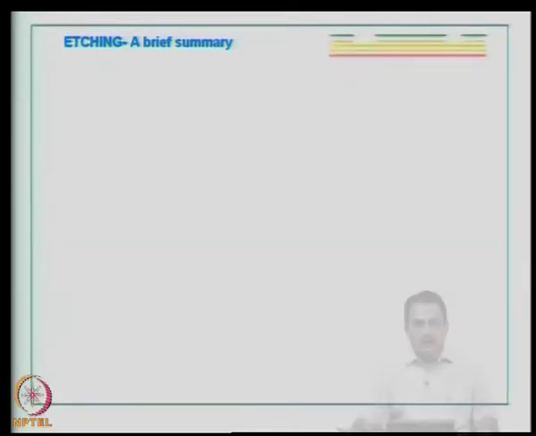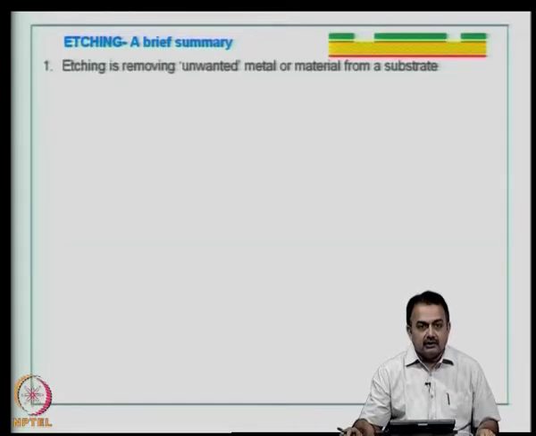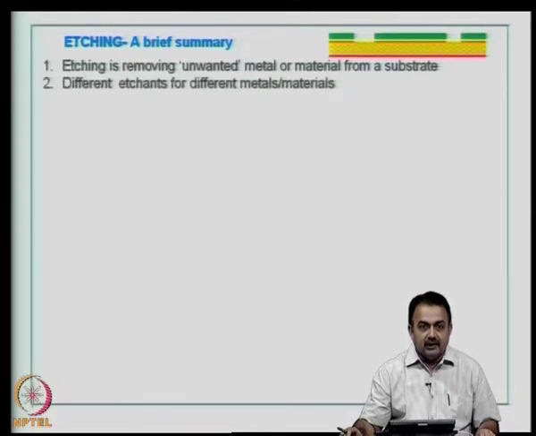So, finally, a brief summary on the etching process. Etching is removing unwanted metal or material from a substrate. Different etchants can be used for different metals or materials. You can even etch gold. For example, the etchant for gold is aqua regia, a mixture of hydrochloric acid and nitric acid in a ratio of 1:3.